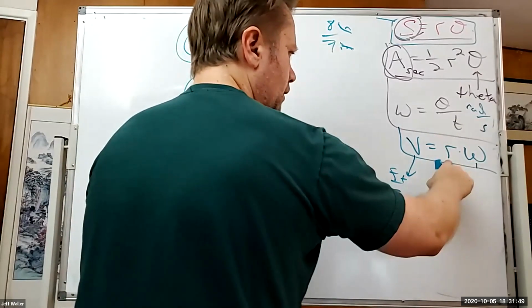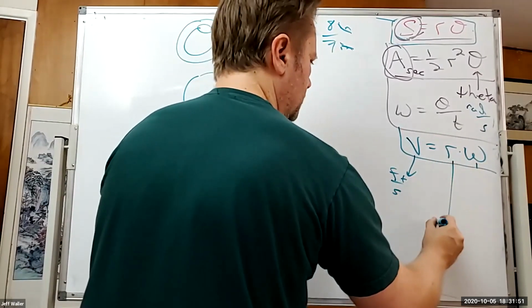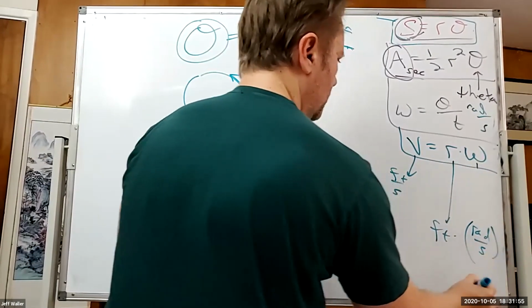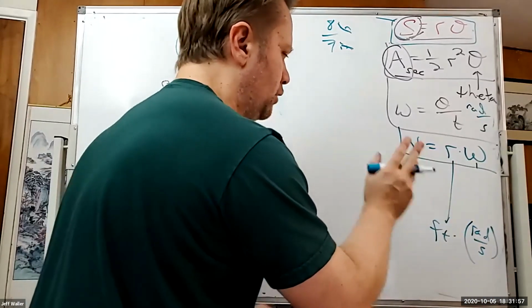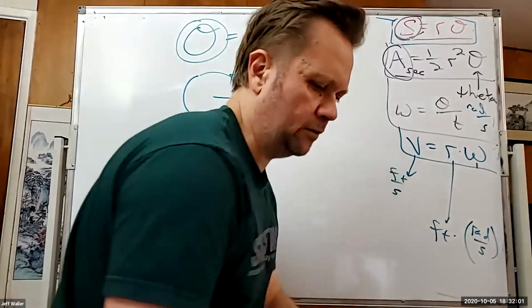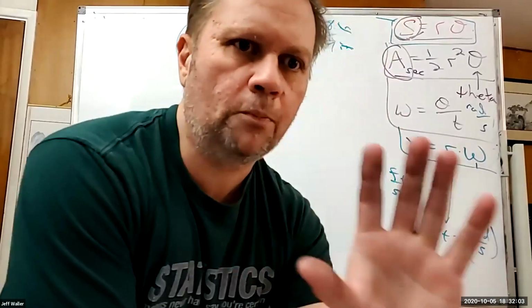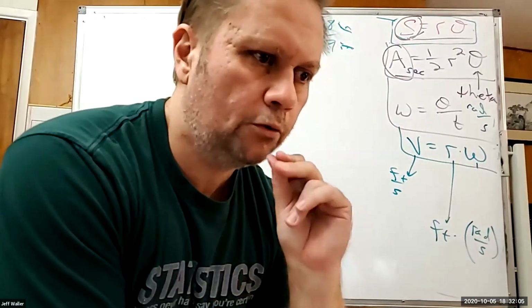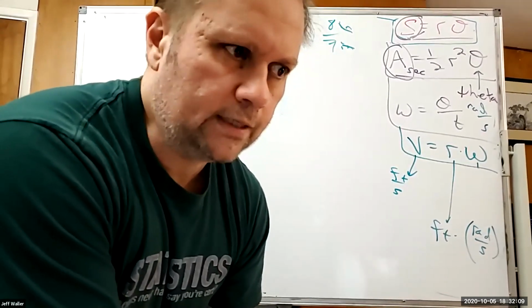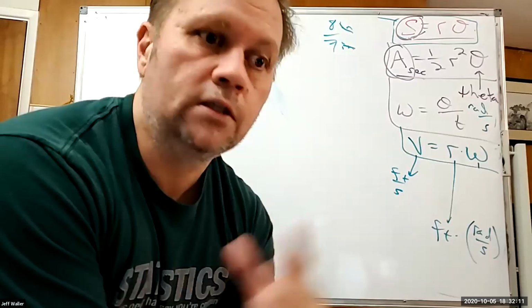So if I take a radius, which could be feet, times something that's radians per second, here's what is really useful to understand: the radian isn't really a unit there. That's the whole purpose of saying there are no units on an angle in radians, because it doesn't mean centimeter, it just means number of radii.